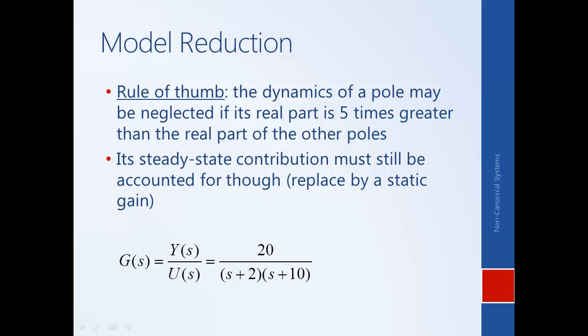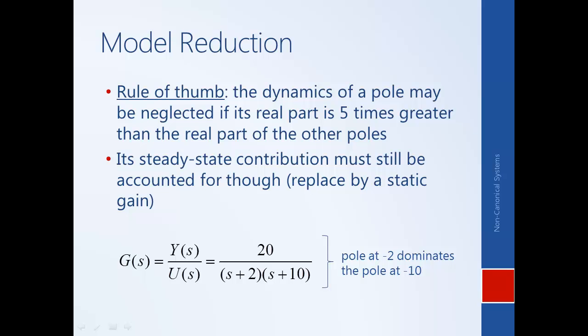So in this case, this was the example from the previous slide. We have two poles: a pole at -2 and a pole at -10. The pole at -2 is slower. It has a smaller sigma value. It's closer to the imaginary axis. Since it's slower, it dominates the other pole.